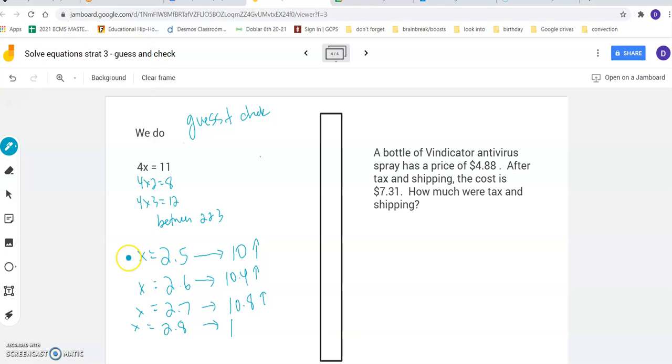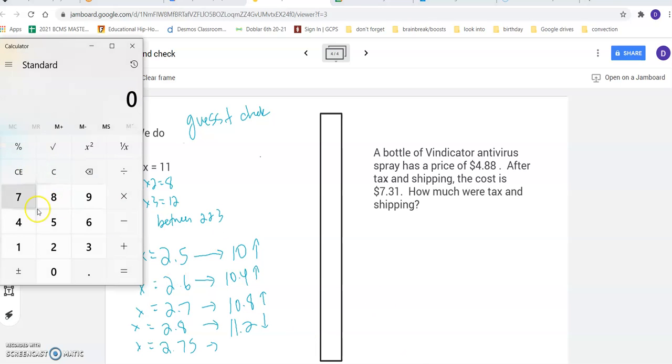Too high. So I need something between 2 7/10 and 2 8/10. Halfway between those is 2 75/100. And I bet that's it. But let's check and make sure, because it is guess and check, not guess and assume. Times 4. Got it. Is 11.